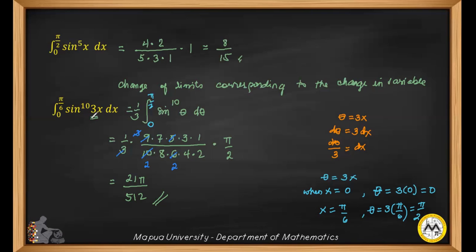Like here, the argument is 3x and the upper limit is pi over 6. The denominator of the upper limit must be twice the numerical coefficient of the argument. If it is so, it will always end up as pi over 2 after changing the limits corresponding to the change of variable. So you can see here that 6 is twice 3. Okay, so that's it.